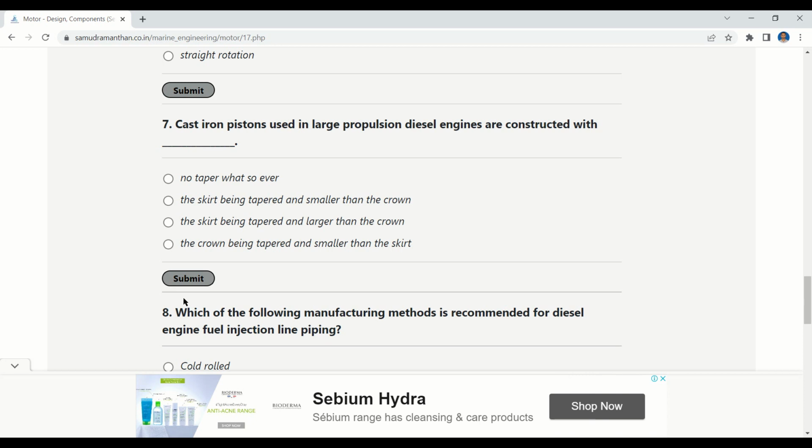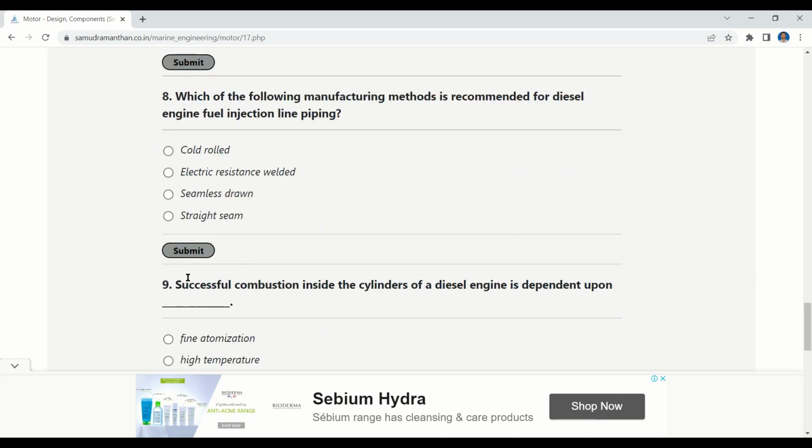In the IC engine, the crown is slightly smaller than the skirt because the crown comes in the area of high temperature zone. That's why it's slightly smaller for thermal expansion purposes. So the correct option should be the crown being tapered and smaller than the skirt.